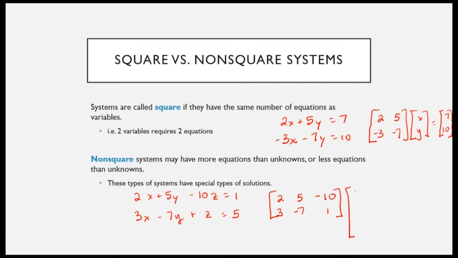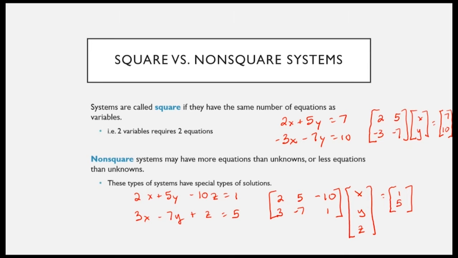And this is also a rectangle when we write our variables. So we don't get squares here. This is why it's called a non-square system. It's because you don't have the same number of dimensions. Your input and the output don't match, essentially.